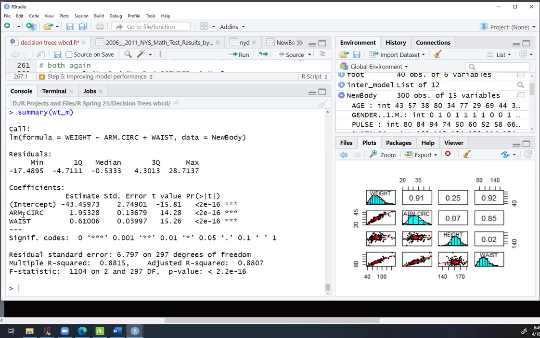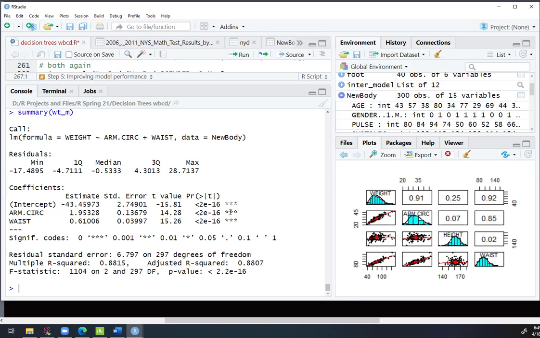Now, if the arm circumference has a coefficient that's really 0, that means the arm circumference is of no use in this prediction, in predicting the weight. So if the coefficient of arm circumference is 0, then it doesn't matter what arm circumference is, it won't change the value of the estimator for y.